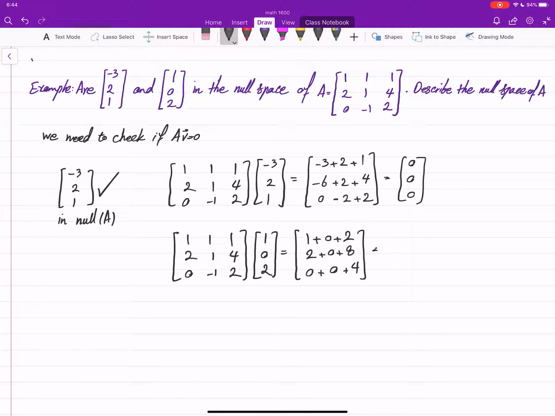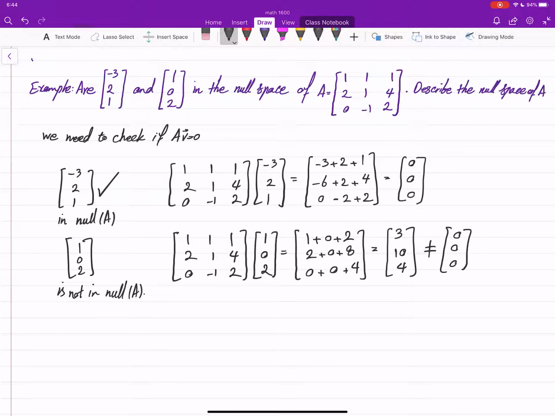As you can see, this is 3, 10, 4. Obviously, this is not 0. So this means that the vector (1, 0, 2) is not a solution for the homogeneous system Ax equals 0. So this is not in null(A).